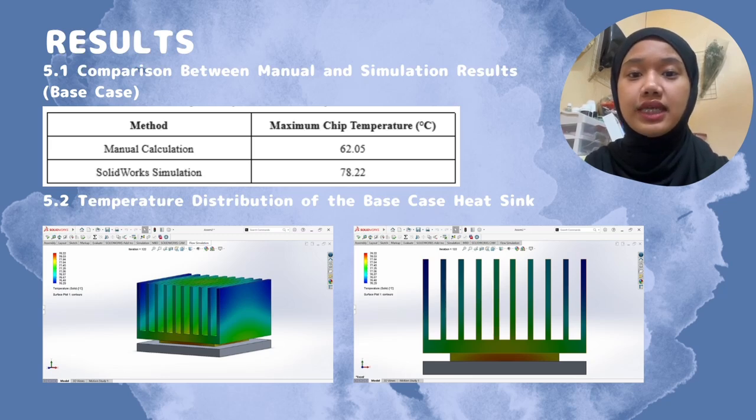This discrepancy underscores the limitations of simplified analytical methods, while the simulation accurately reflects three-dimensional heat conduction and realistic airflow under natural convection. Despite the variations, both temperatures are below the maximum allowable limit of 85 degrees Celsius, indicating that the design remains within safe operational parameters.